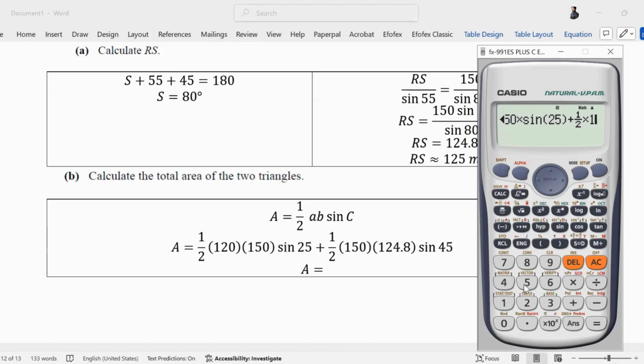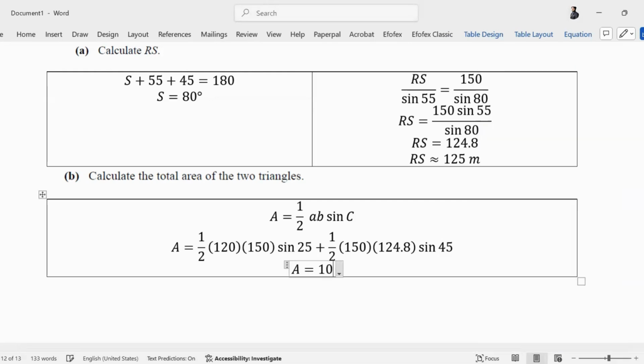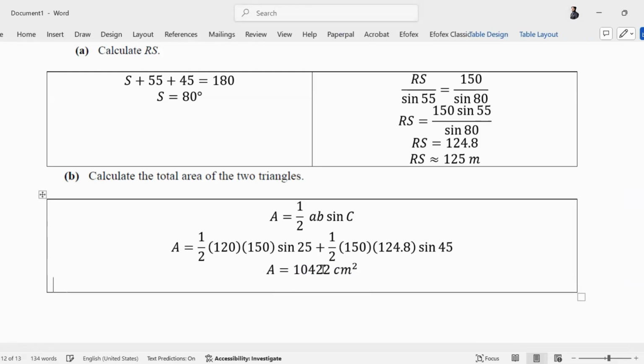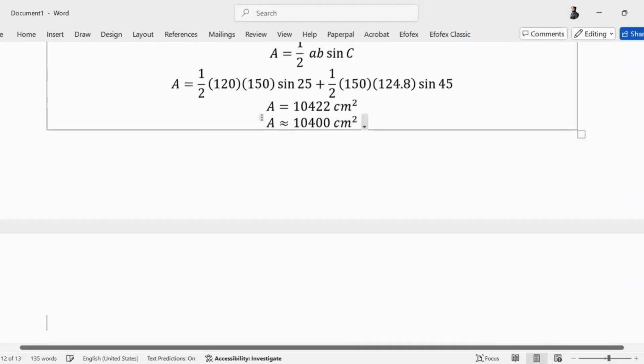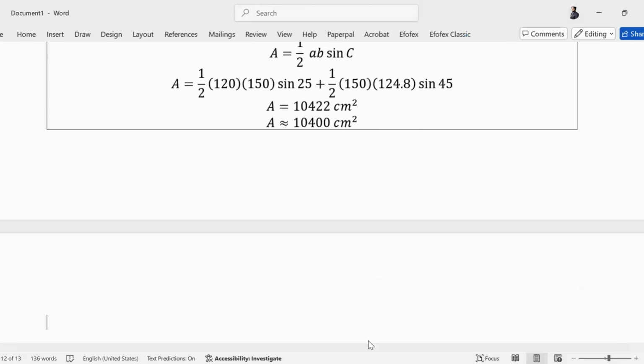You don't need to worry about it. 150 into 124.8 into sine of 45. So the two areas add up to be 10422 centimeters square. And if I want to write it down, 10400, correct to three significant figures. So I've also explained a bit of rounding off over here.